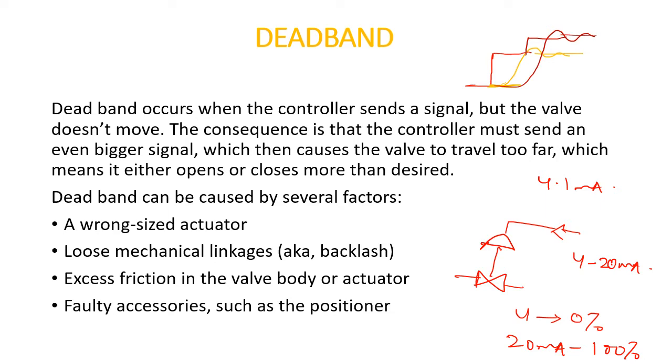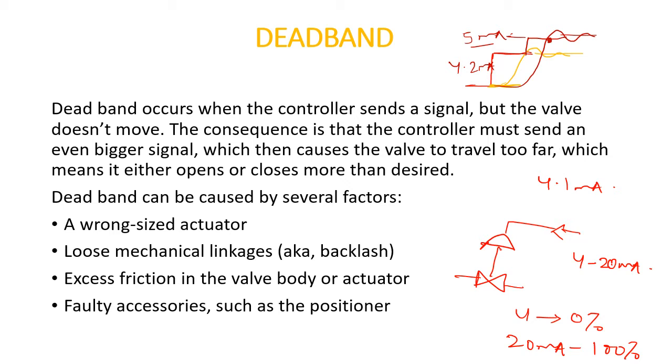Up to this, maybe this is say 4.2 milliamps, there is no response, but when it becomes like 5 milliamps the valve starts to respond. So this causes the valve to travel too far, which means it either opens or closes more than desired, because the valve started from this position and then has to complete its 100%.